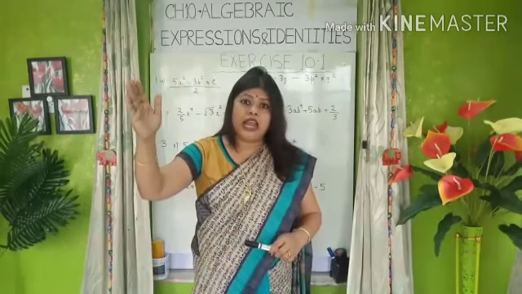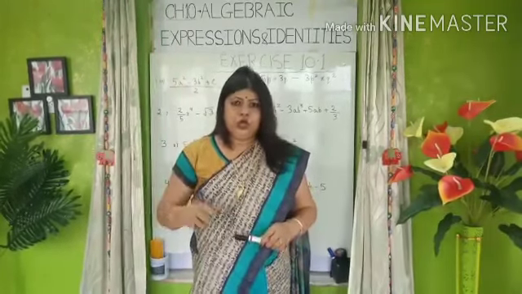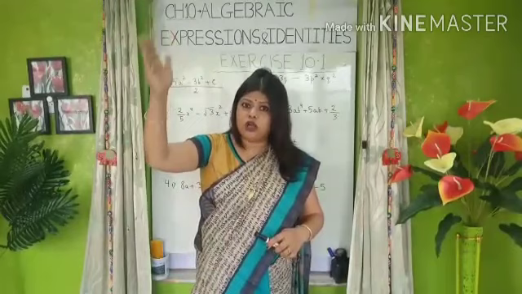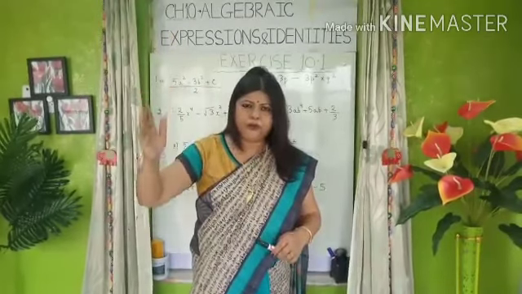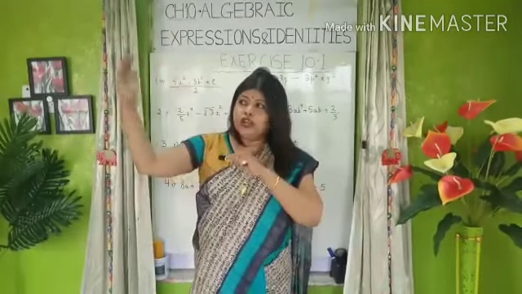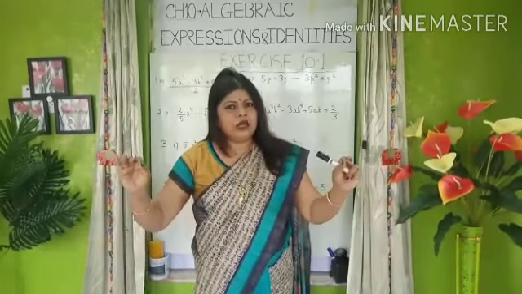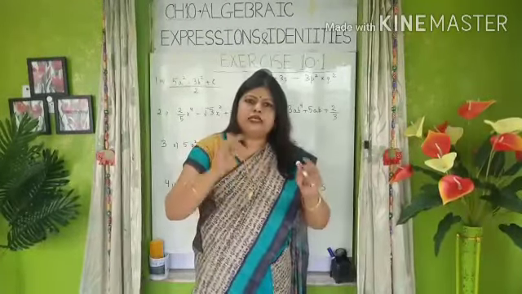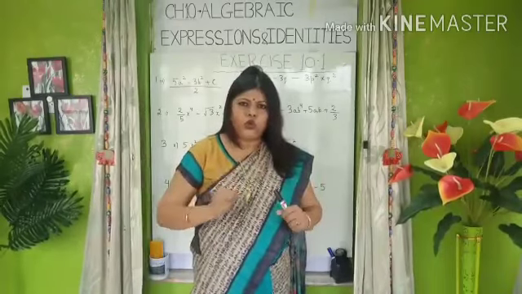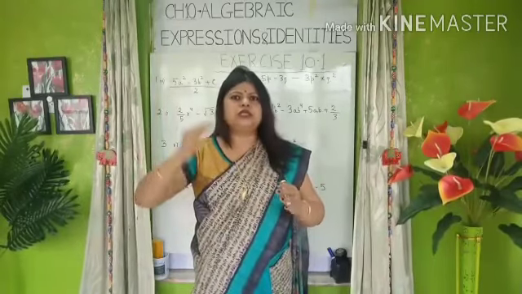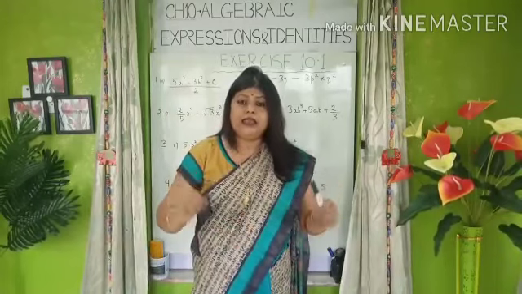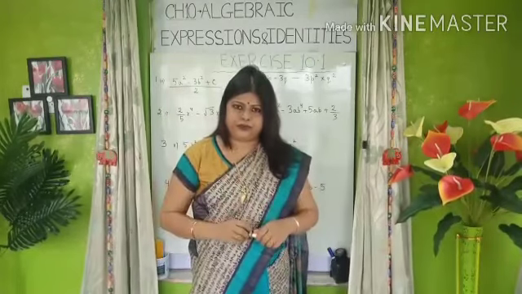Because their values are fixed. So you need constants 1, 2, 3, 4, and you need to join these constants with the help of mathematical operations like plus, minus. So when I write 2 plus 3, this is an arithmetic expression.